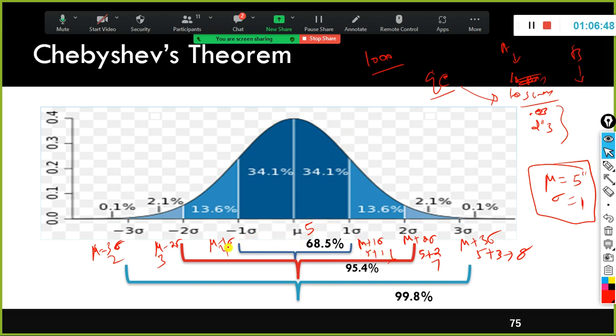Let's say this is the height. The height of each screw: 68% of the 1000 screws manufactured range between 4 to 6 inches.